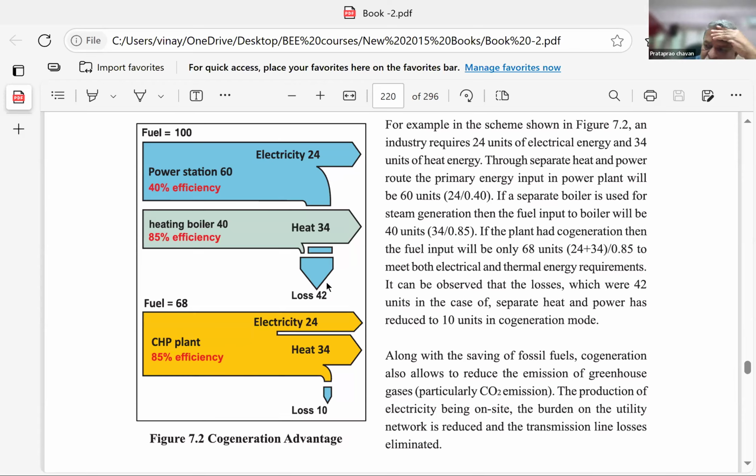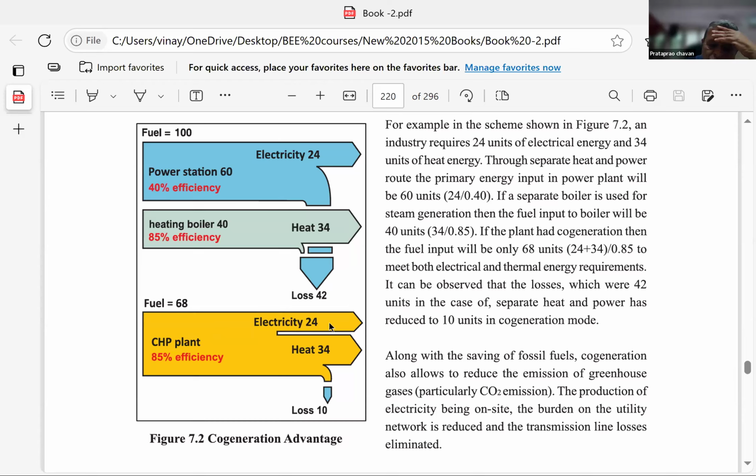These units are not wasted. All these 42 units are utilized for generating heat here. Therefore, the wastage out of this process is 42, whereas the wastage here is hardly 10, because the heat is not exhausted to the atmosphere. This heat is utilized for useful gain.